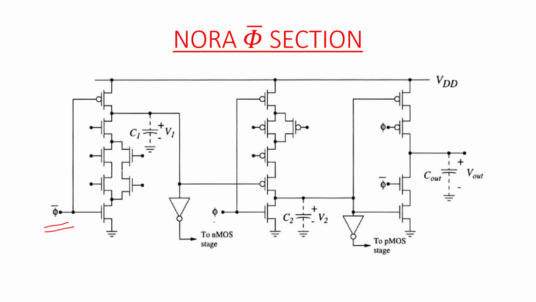Then here it was phi bar, here now it is replaced to phi. So these are exactly getting reversed. This phi bar replaced with phi, and this phi replaced with phi bar. So this is the only difference. So the NORA phi bar section will evaluate when phi equal to 0 or phi bar equal to 1. That is why it is called as the phi bar section.